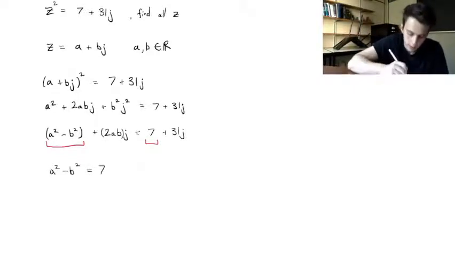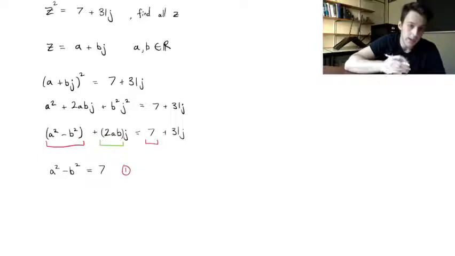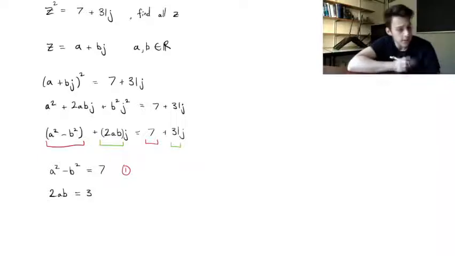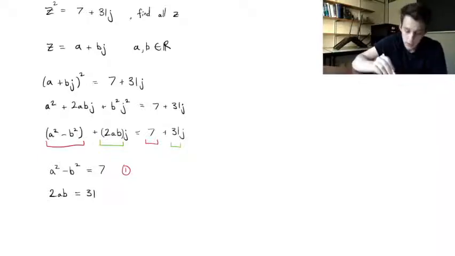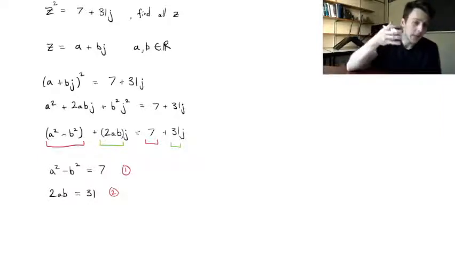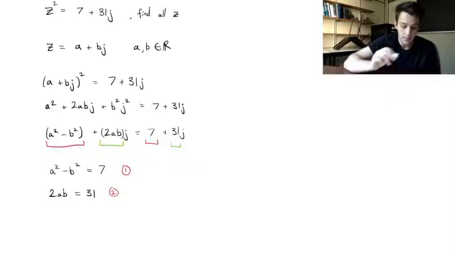So this is equation number 1. Secondly, we've got the imaginary part equals the imaginary part of the opposing side, right? So that would be 2ab must be equal to 31, right? Not too bad so far, okay? And remember, we don't need to tack on the j's there. We're just equating the imaginary components, right?